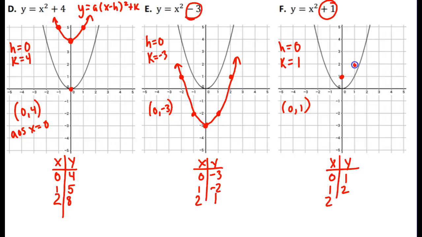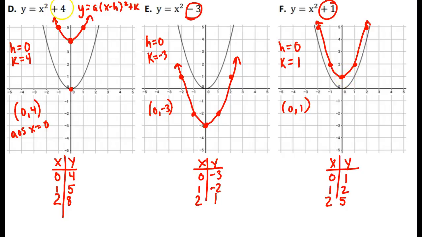So 1 comma 2, which also means that negative 1 comma 2 is a point. When I put in 2, 2 times 2 is 4. 4 plus 1 is 5, so 2 comma 5 is another point, which means negative 2 comma 5 is also a point. So when I go to graph this, I have that same shape as the parent function. I've just shifted up 1 unit.